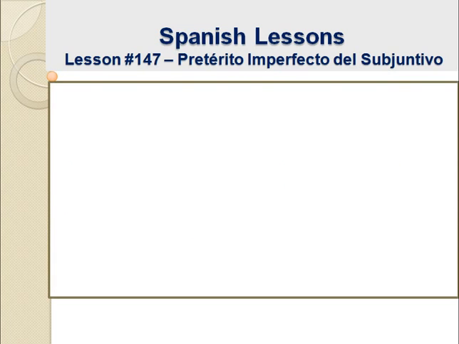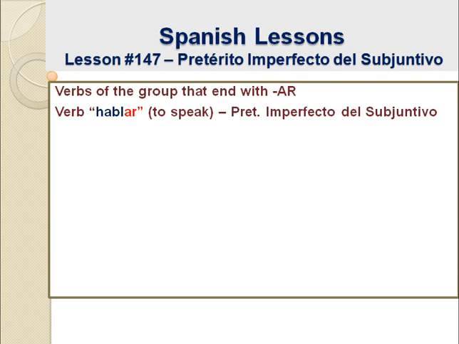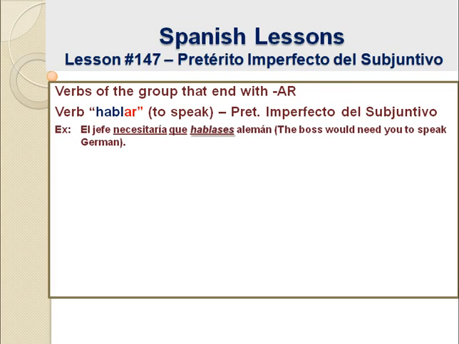We will begin with the first classification of Spanish verbs, the verbs that end with the letters AR. Example, the verb hablar, or to speak. This is a regular verb of the first category. Pretérito imperfecto del subjuntivo.